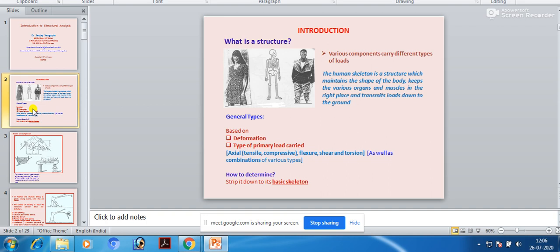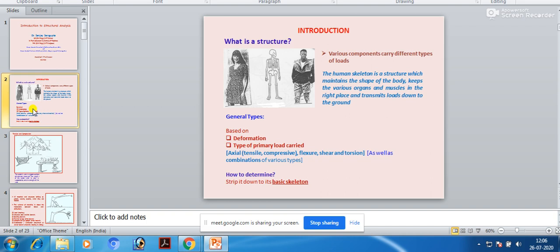So one thing you must understand here is that the primary consideration of a structure is to carry the load. It needs to carry load, and when it carries load, it will obviously deform. Without deformation you cannot carry load.